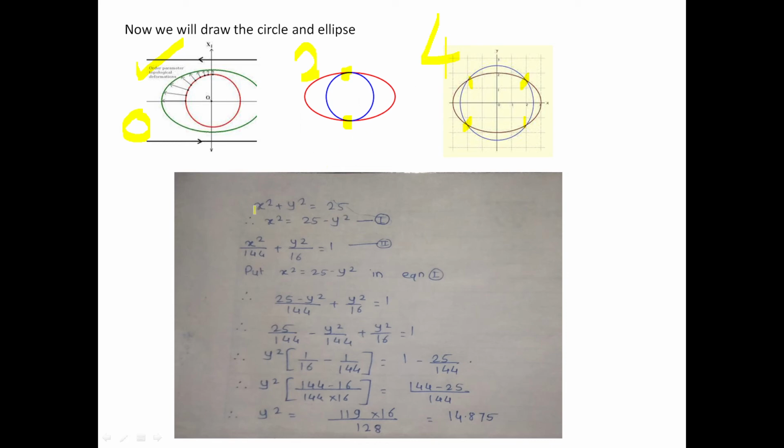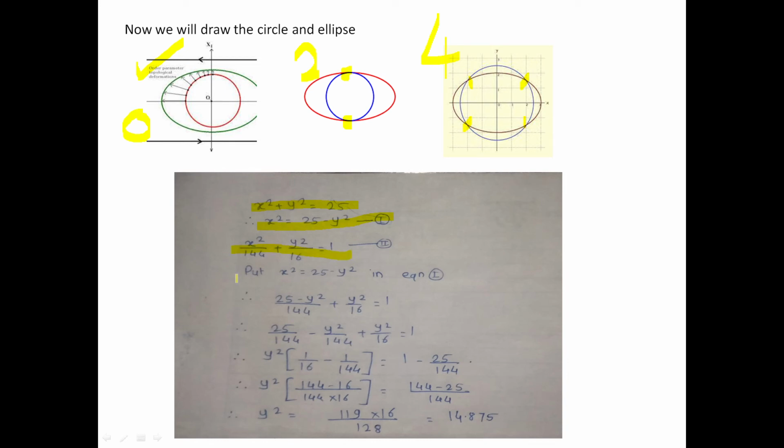For understanding purposes, I have written this on a page because it was not easily visible in the equations. The first equation is x square plus y square is equal to 25. I will write it in terms of x square: x square is equal to 25 minus y square, and call it equation 1. The equation of the ellipse is x square by 144 plus y square by 16 is equal to 1, which I will call equation 2.